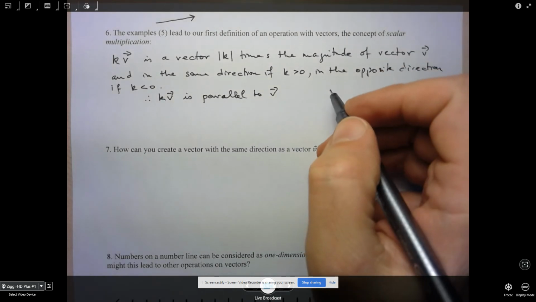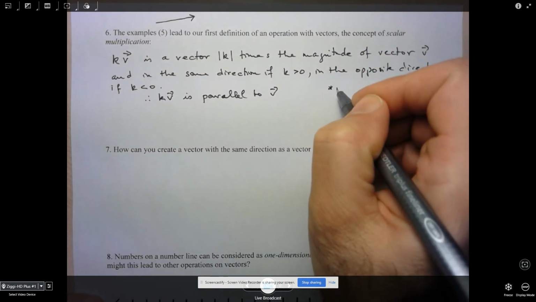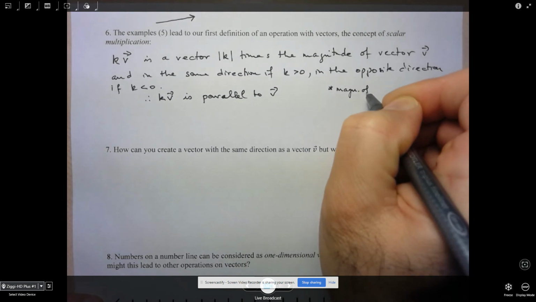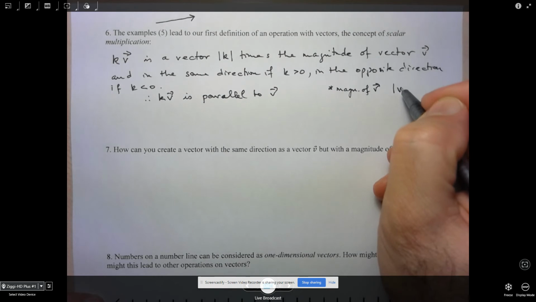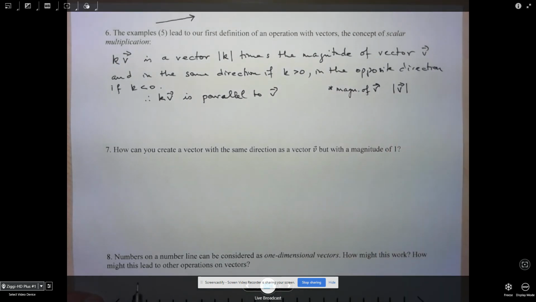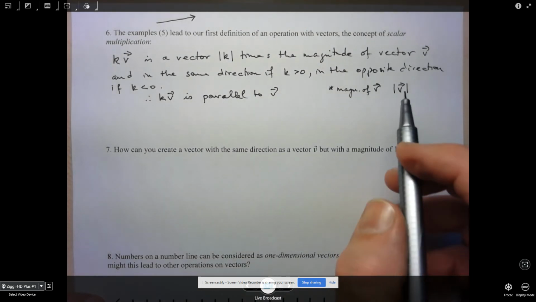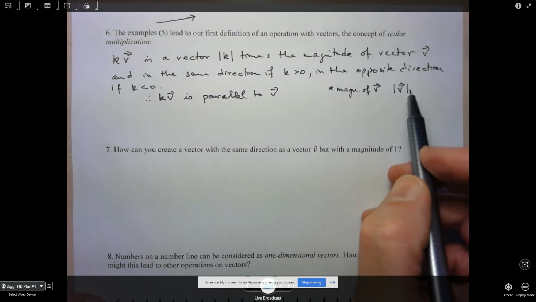So here on the side, I'll write it out. The magnitude of v is represented by two vertical bars around the vector. Now this is where you have to understand that this is not the same as absolute value.